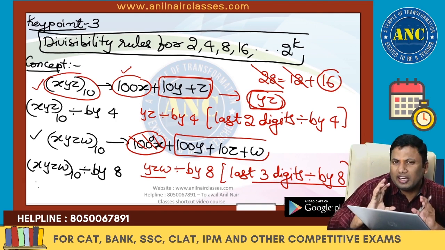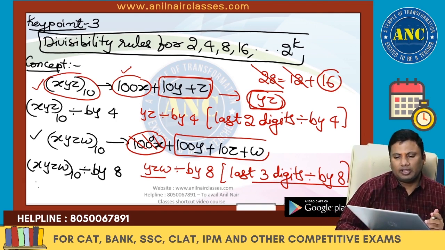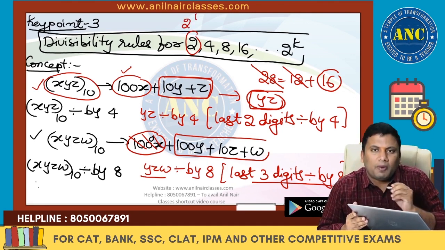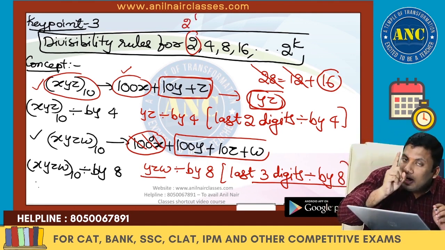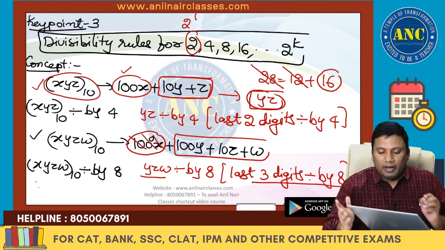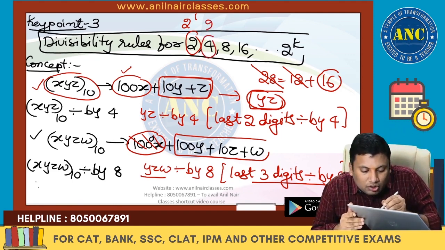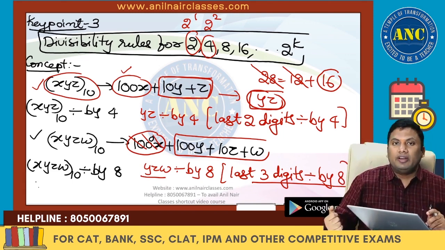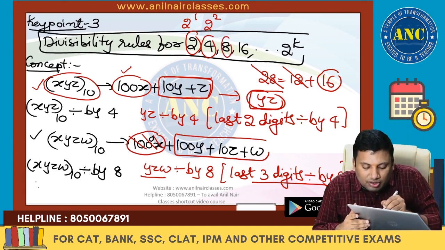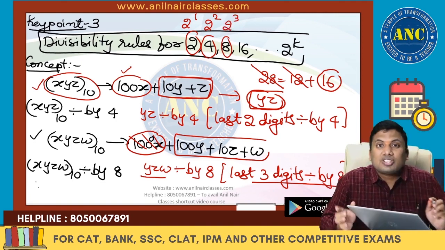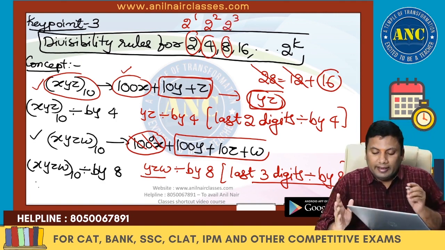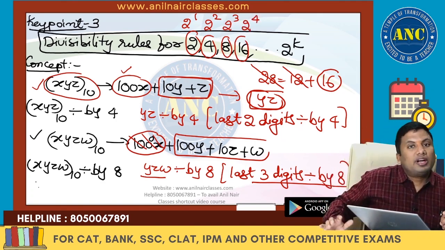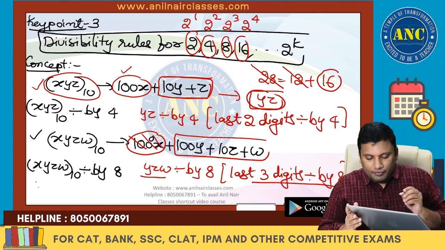I hope you are understanding something from this key point 3, right? The divisibility rule for 2, which is 2 power 1: power is 1, so only the unit digit should be divisible by 2. 4 is nothing but 2 square: power is 2, so the last 2 digits should be divisible by 4. 8 is nothing but 2 cube: the last 3 digits should be divisible by 8. 16 is nothing but 2 power 4: the last 4 digits should be divisible by 16.